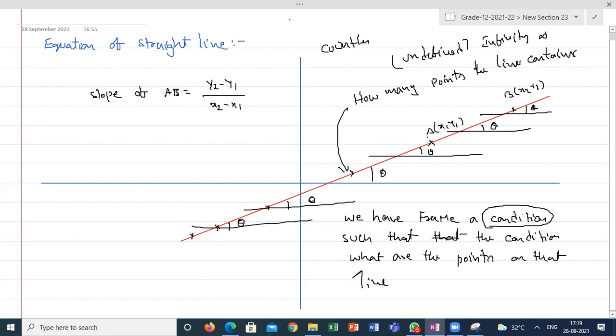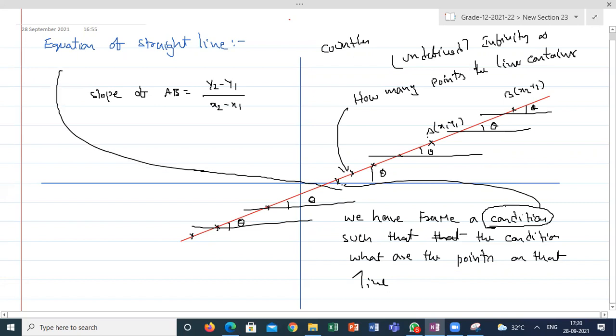In mathematics, generally we use some mathematical relations. That condition should explain each and every point on this line. This condition only is known as the equation of a straight line.